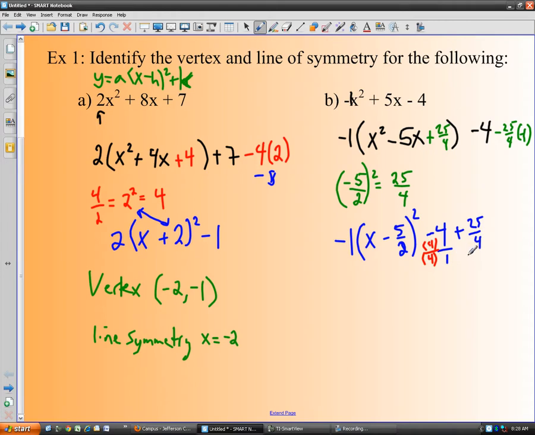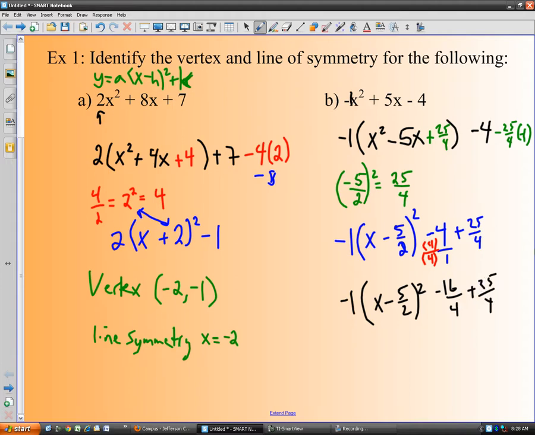And also, it will give me what I'm looking for to combine my like terms, which will give me my y value for my vertex. So I end up with x minus 5 halves squared, and then if I multiply by 4 here, I get negative 16 over 4 plus 25 over 4, which then combining these guys together will give me my final answer.